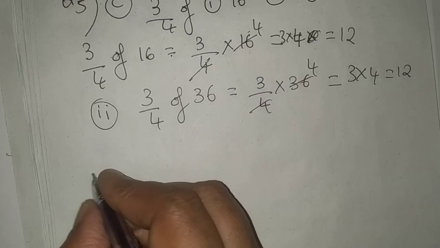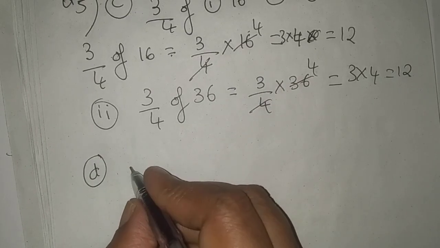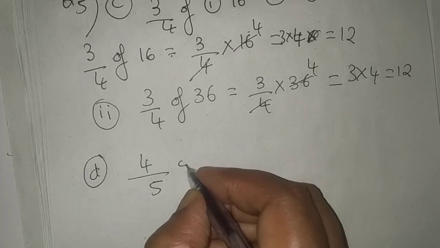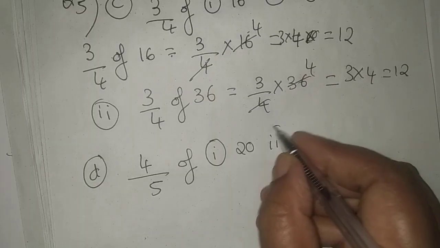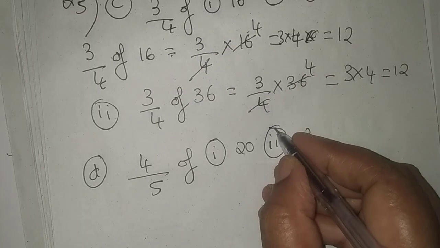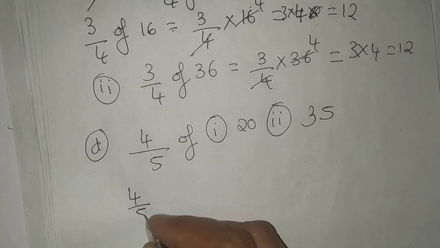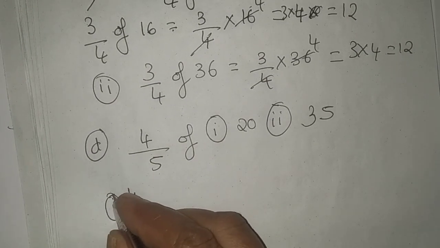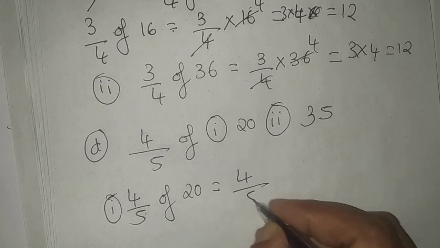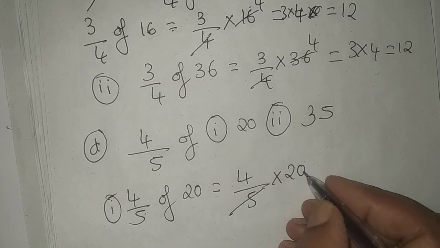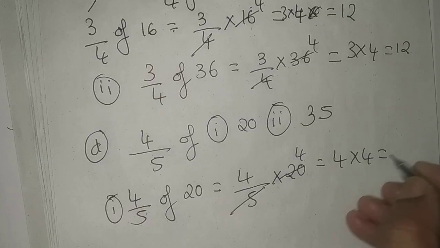Now we move on to the last part of this question 5, that is D. D we have 4 by 5 of, first is 20, second one is 35. Therefore 4 by 5, first one, 4 by 5 of 20 is equal to 4 by 5 into 20, 5 fours are 20, therefore 4 into 4 is equal to 16.